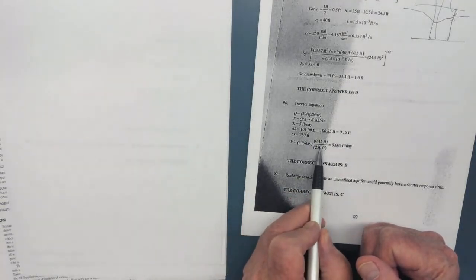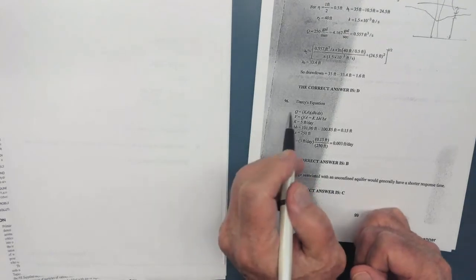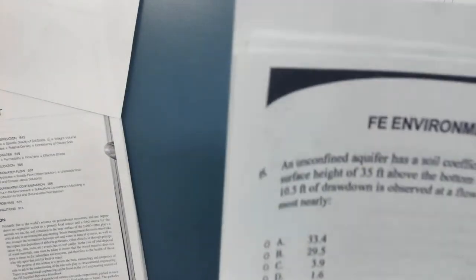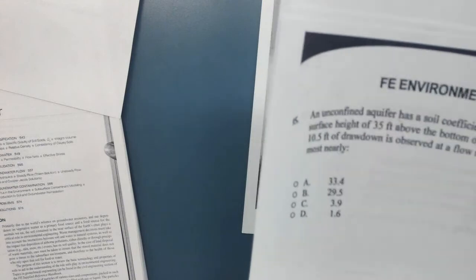So it's a 0.15 over 250, times 5 feet per day, and he gets 0.003 feet per day. Now, this is a little bit tricky because this V is not a true velocity in the soil. This is an approach velocity or a discharge velocity, and they don't actually explain that here. They just say the fluid velocity, feet per day in the aquifer is most nearly, and of course you solve it here, and they get 0.003, and the answer is B.